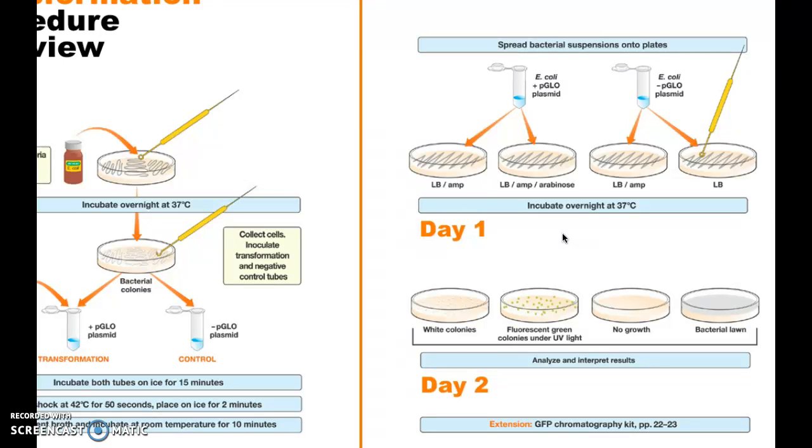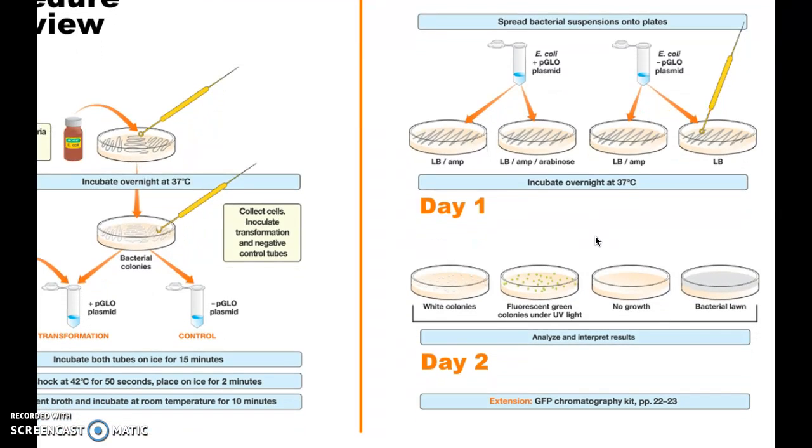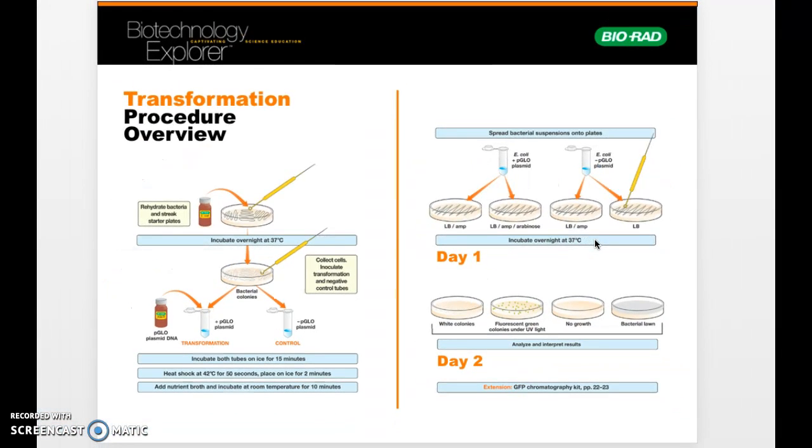So if the bacteria took in the plasmid and it has Arabinose to turn on the GFP gene, when we put this plate under the UV light, you're going to be seeing the glowing GFP bacteria. So that's all we're going to be doing. Tomorrow or Tuesday, we're going to do all these steps, and then a day or two from then, we'll be looking at the plates and analyze our results.